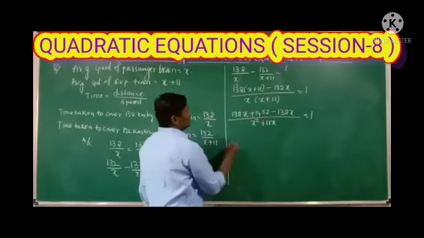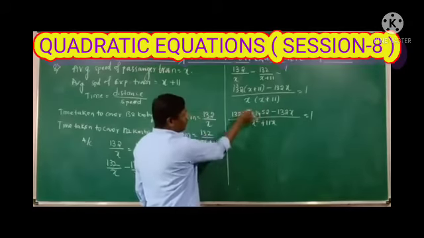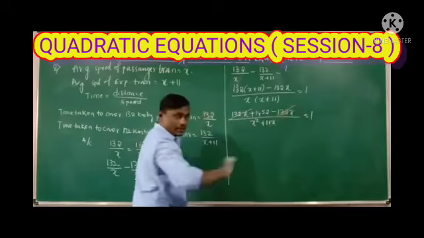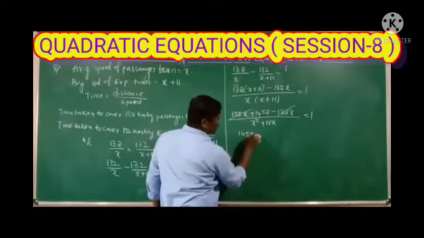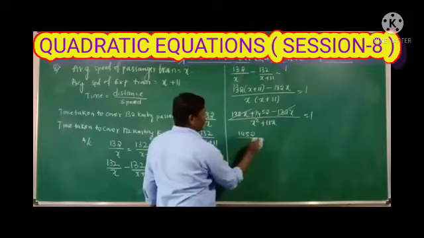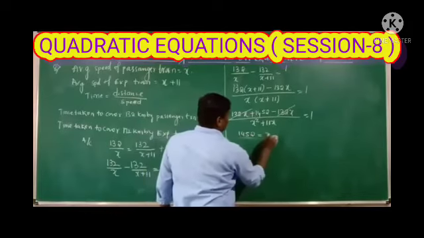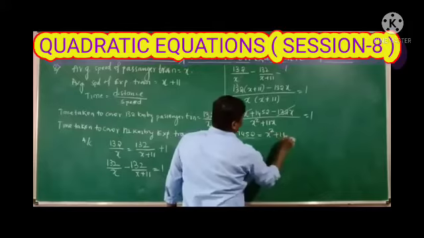Just cross multiply this one, plus 132x and minus 132x get cancelled. The remaining is 1452 divided by x square plus 11x.